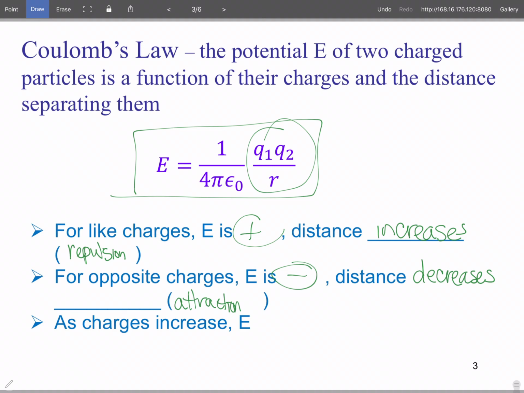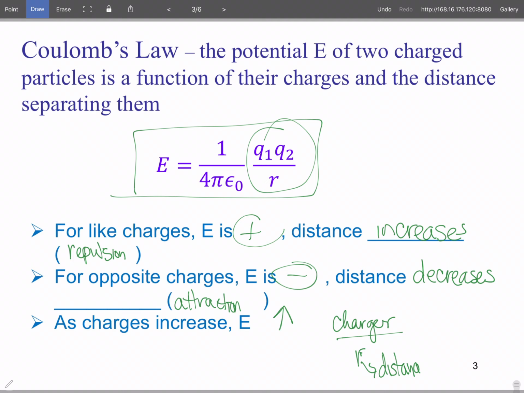Okay? As the charges increase overall, the energy is going to increase because look at it this way. Basically, you have the charges in the numerator and the distance or the radius in the denominator. So as the distance gets larger, the energy goes down. As the distance gets smaller, the energy goes up.